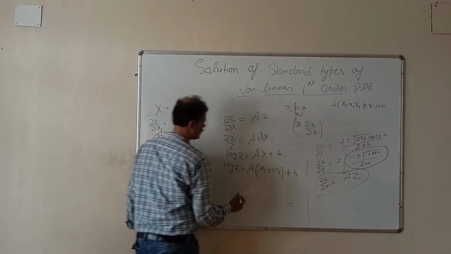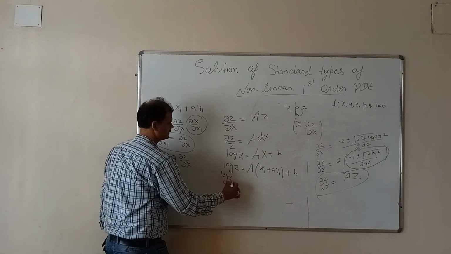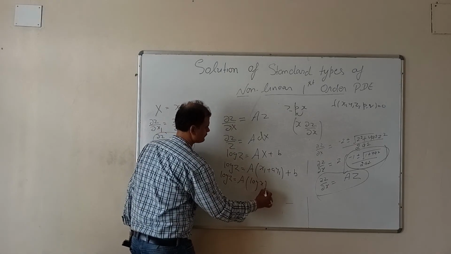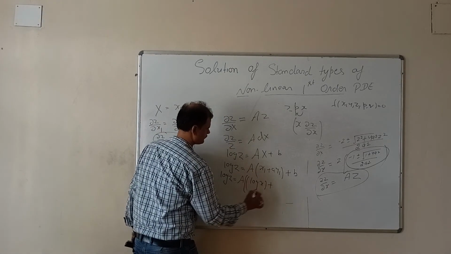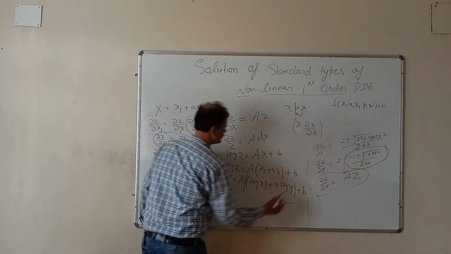Now x1 and y1 are log x and log y, so log z equal to A times (log x plus a log y) plus b.